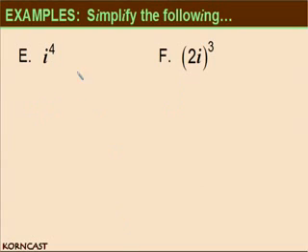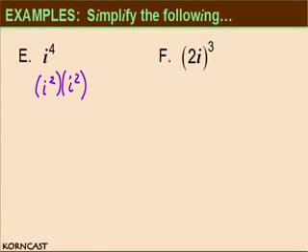And finally, let's take a look at some examples involving just i's. Now, simplifying the following, we notice that we have i to the fourth here. So we have to use the fact that i squared is equal to negative 1. So I'm going to factor this into i squareds. So I'm going to get i squared times i squared, because I know using my exponent property that I add my exponents.